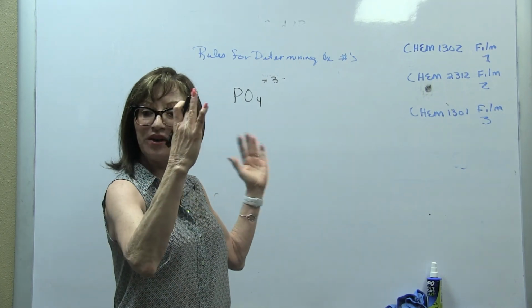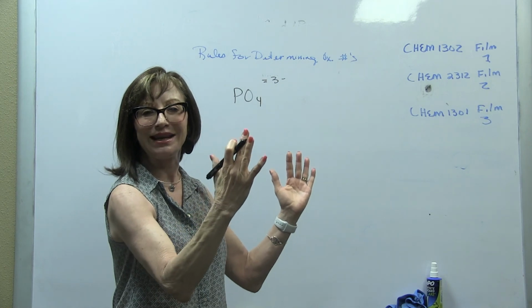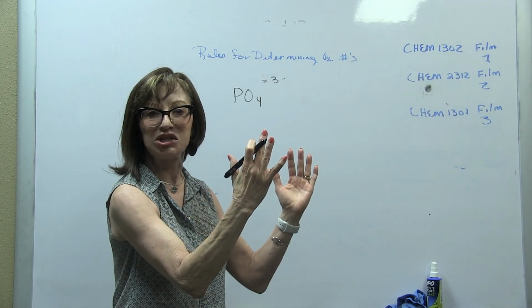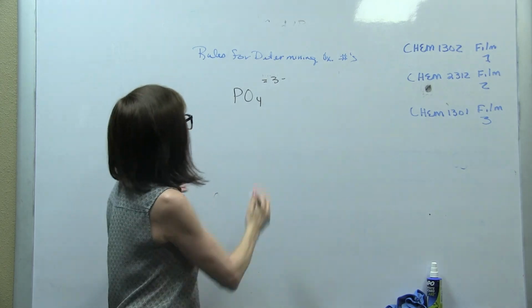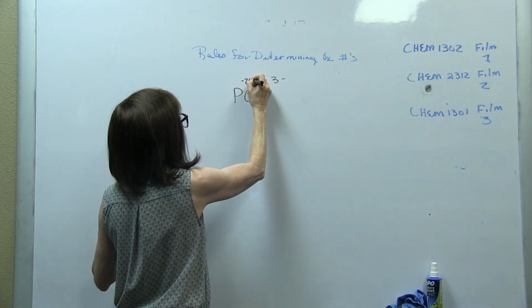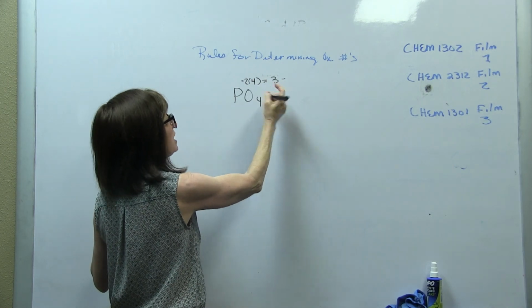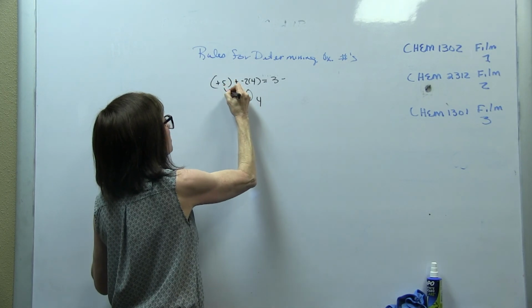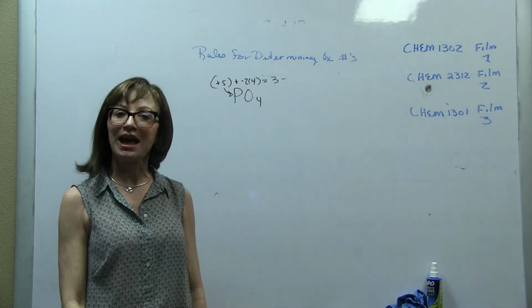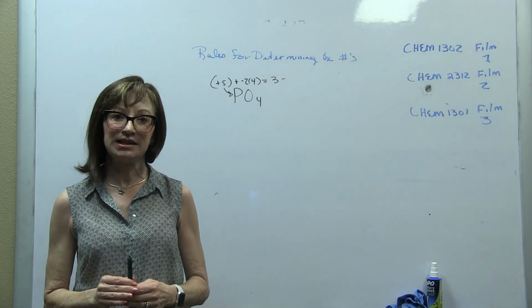I'm assured on those outer columns. As I work inward, I get less sure of those oxidation states. Rule of thumb, out, come inward. -2 times 4, -8. My total charge is -3. Therefore, the oxidation state of the phosphorus must be +5. Okay, so that's how you do determining oxidation states.